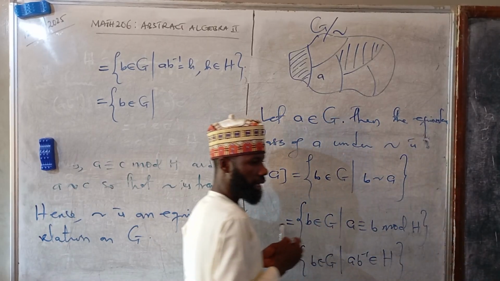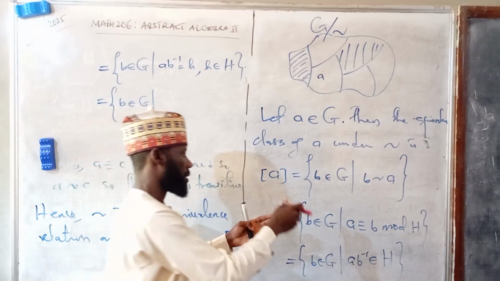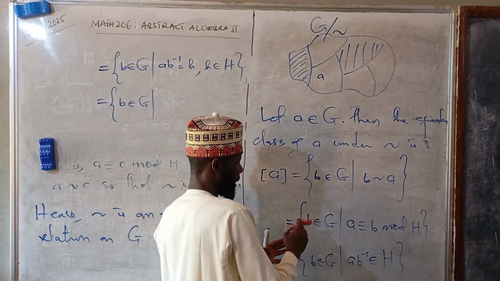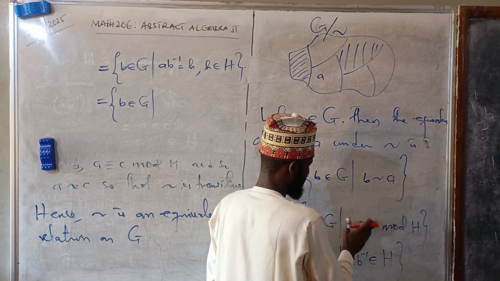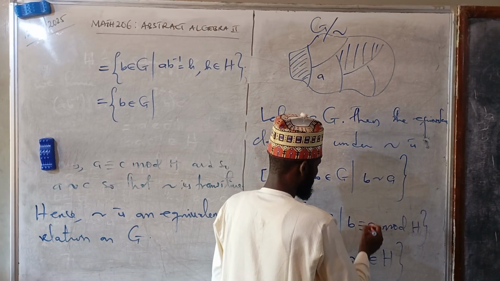In fact, I made this remark because the relation is symmetric. There is a reason why I should write it like this: I want to get B in terms of A at the end of the day. It doesn't change anything. You will see why I have to do this. B is congruent to A.